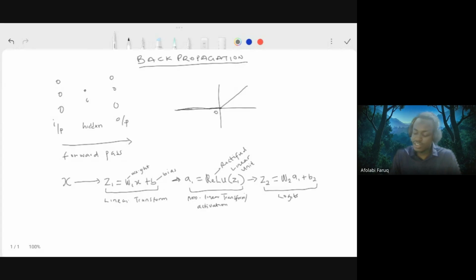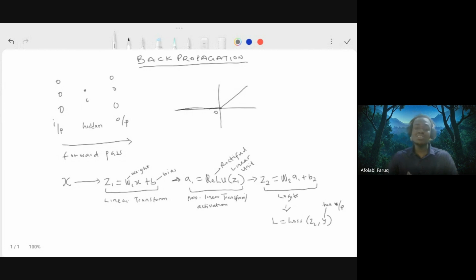After the logit, we calculate the loss. So you say L equals loss of Z2, comma Y. Here Z2 is the logit, don't forget, and Y is the true output. In this case, you are trying to model a particular data to an output. By trying to model in a supervised machine learning scenario, you are going to have the labeled output.